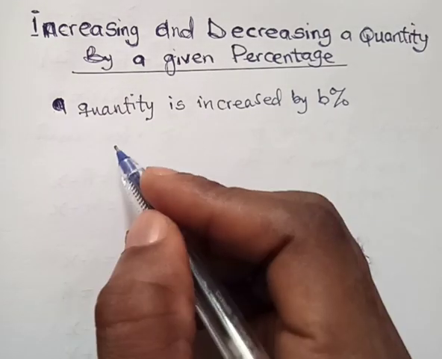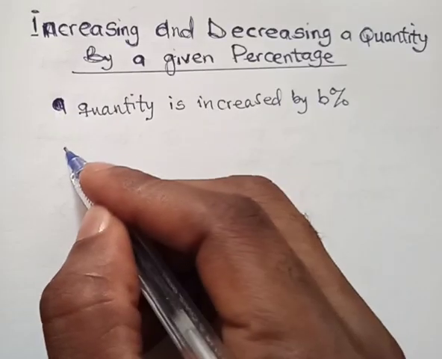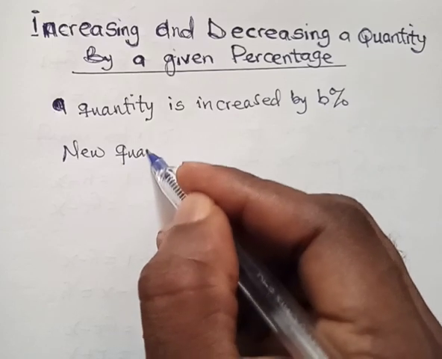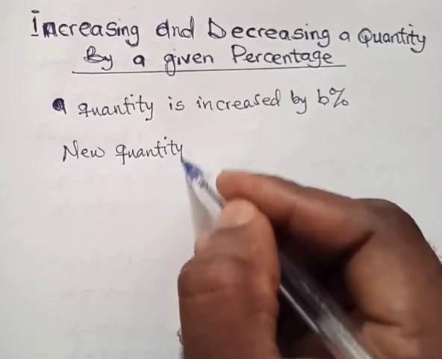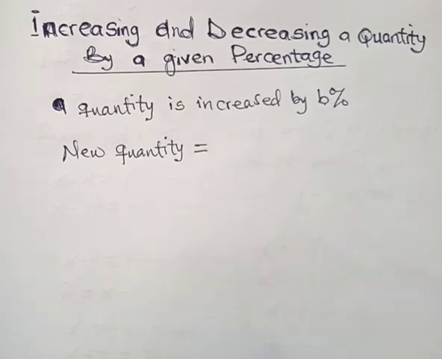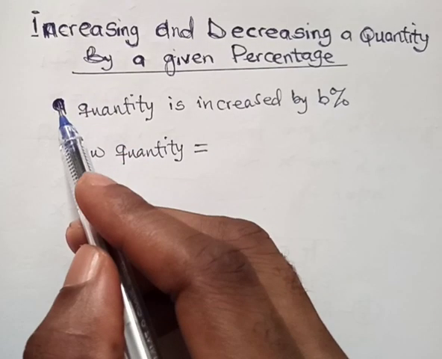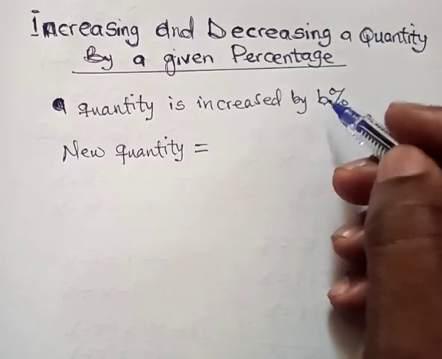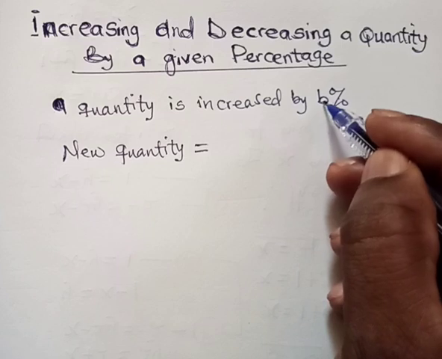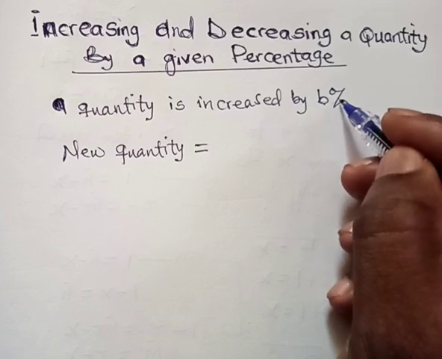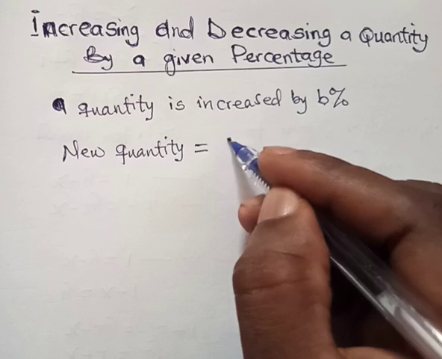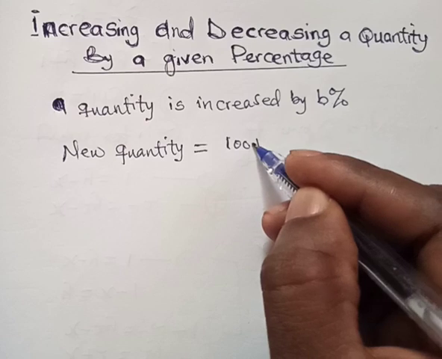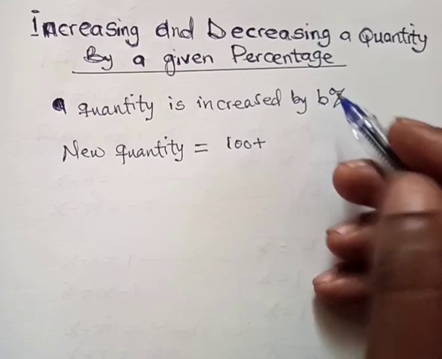So if I'm to increase it, then the new quantity should give me this. What we do is, whatever value is given in the percentage, I will write 100 plus the amount given, B percent.